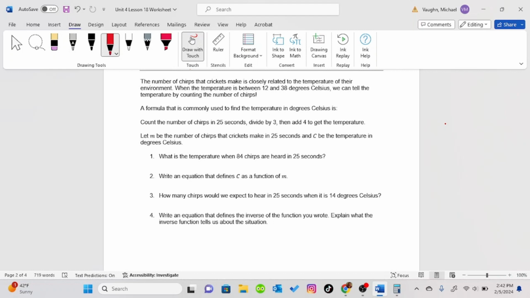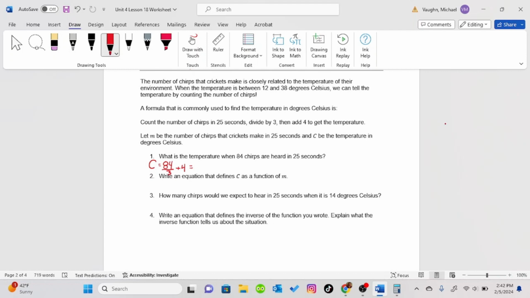So we know we want to find the temperature. That would be C. That equals the number of chirps, which they told us was 84. Divide that by 3, so 84 divided by 3. Then add 4, so plus 4.